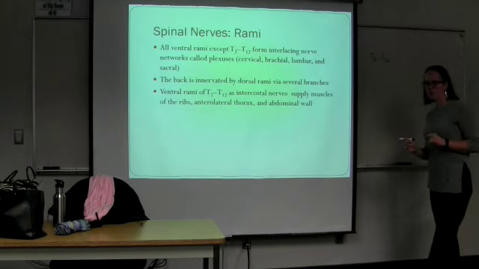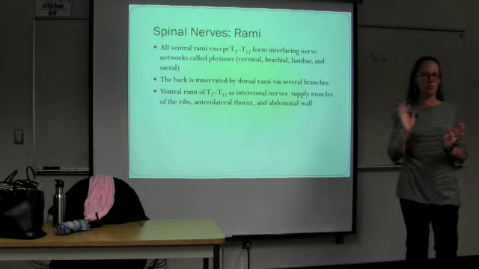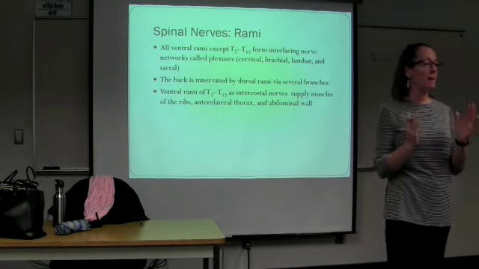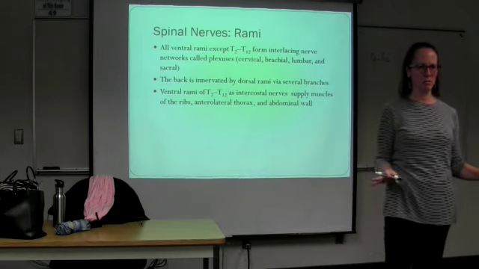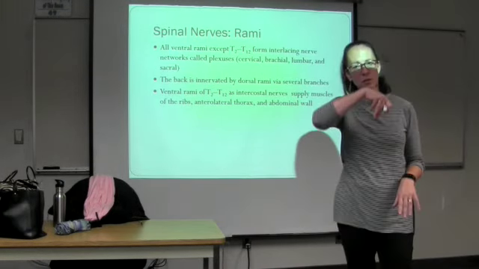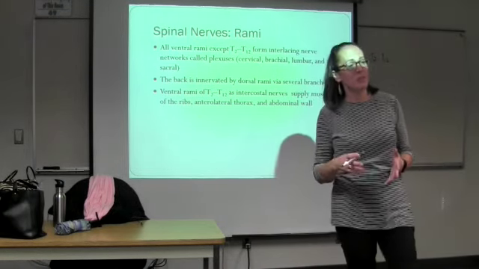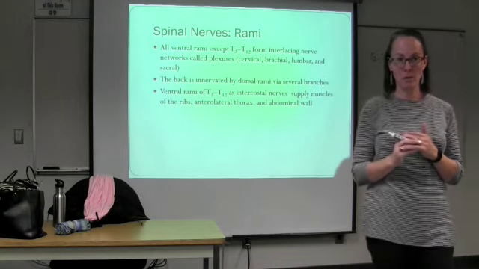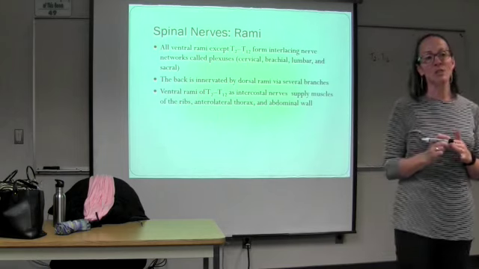Okay. I showed you how there's ventral rami and there's dorsal rami. The dorsal rami, guys, go to the back muscles. Done. Okay, easy peasy. Dorsal rami go to the back muscles. Ventral rami form the plexuses that we talked about and the intercostal nerves.